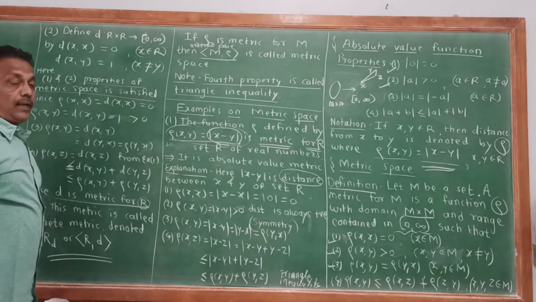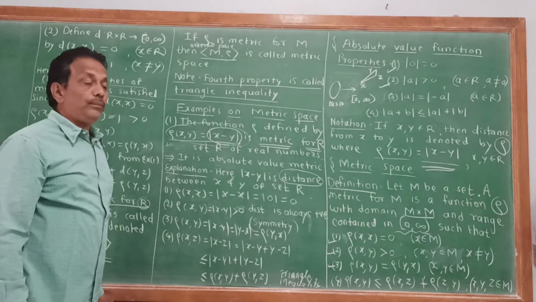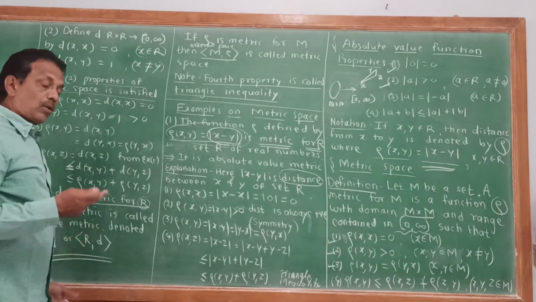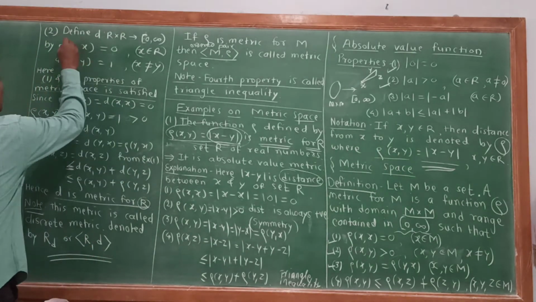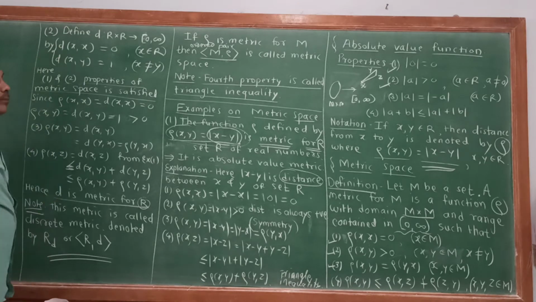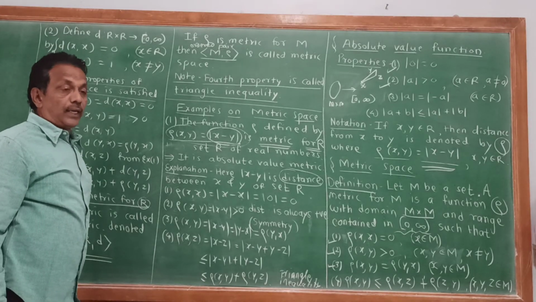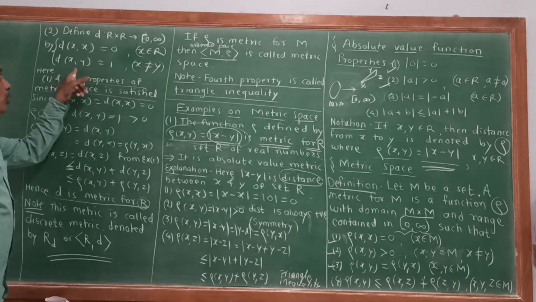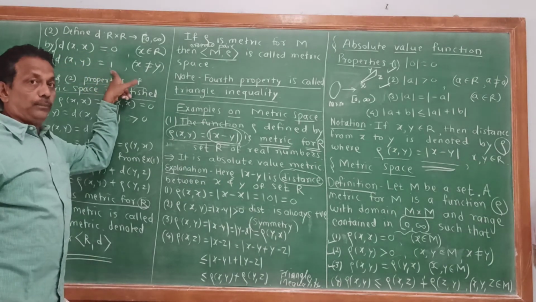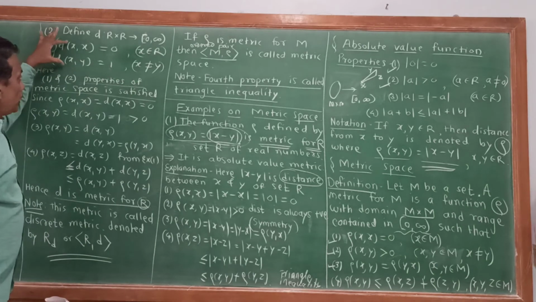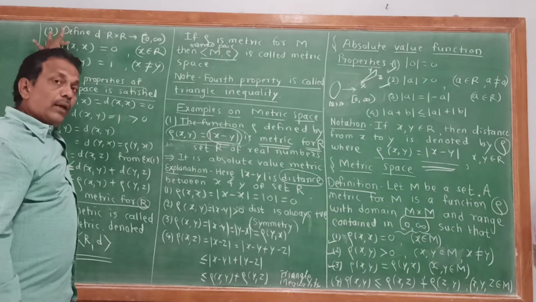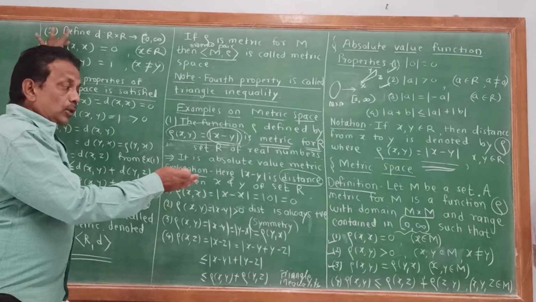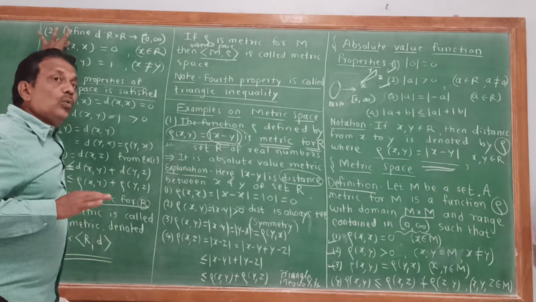Second example: define d from R by R to 0 to infinity. R by R, set of real numbers, and these two definitions are given for that function. d of x x is equal to 0 and d of x y is equal to 1 for x not equal to y. These two, which are given, obviously say that our first two properties are true.